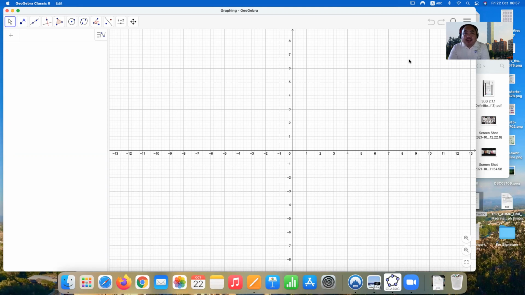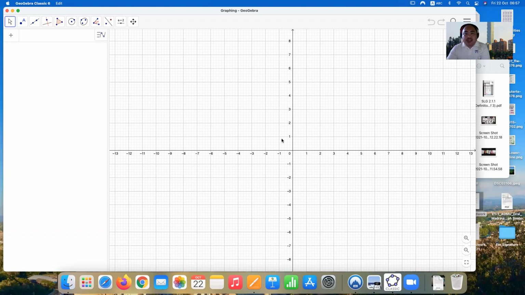We will begin with the first topic in your learning guides, which is evaluating functions. So how can we evaluate functions using GeoGebra? We will use the practice exercises from your learning guides for this class.